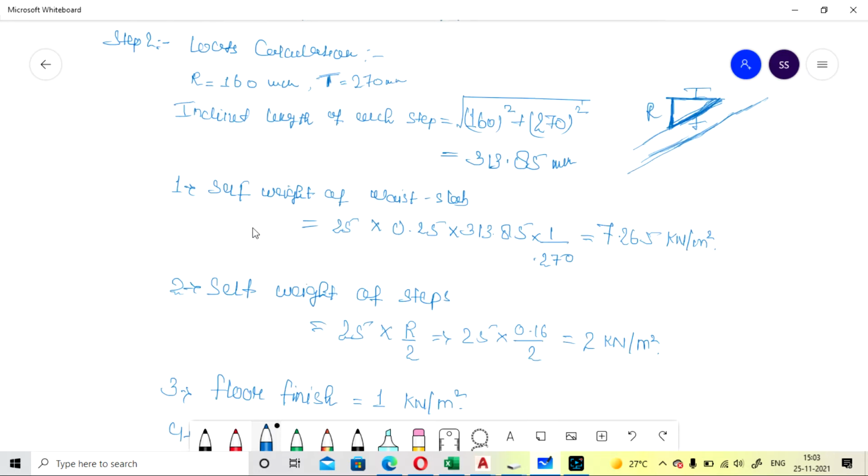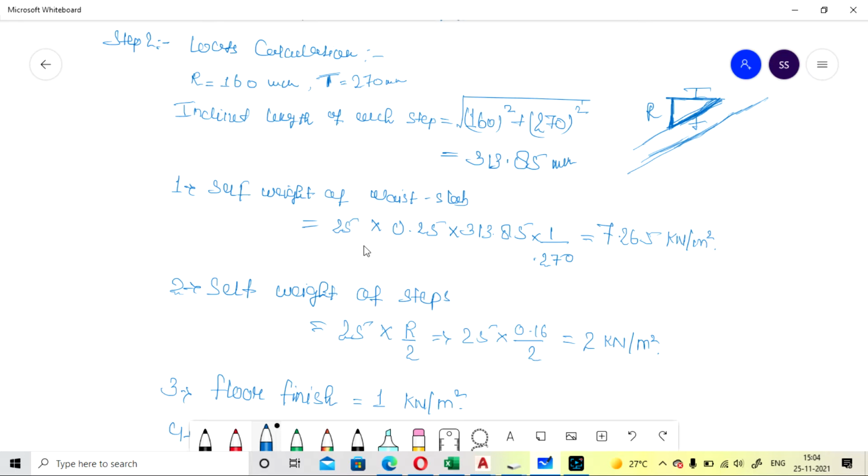Now we can find the self weight of the base slab, the lower slab. This is the density of concrete, 25 into 0.25, the thickness of your waist slab, multiplied by 313.85, that is the inclined length, multiplied by 1 by 270.